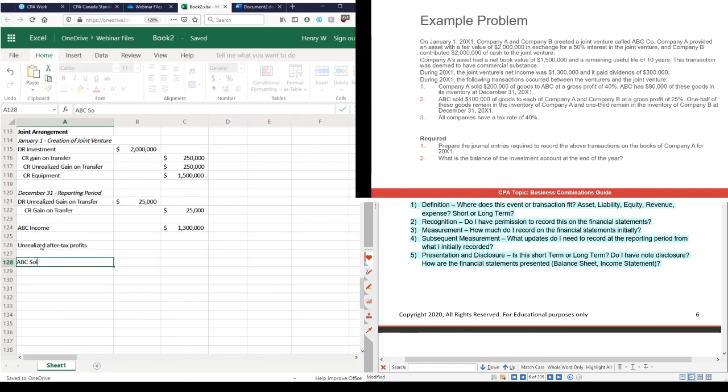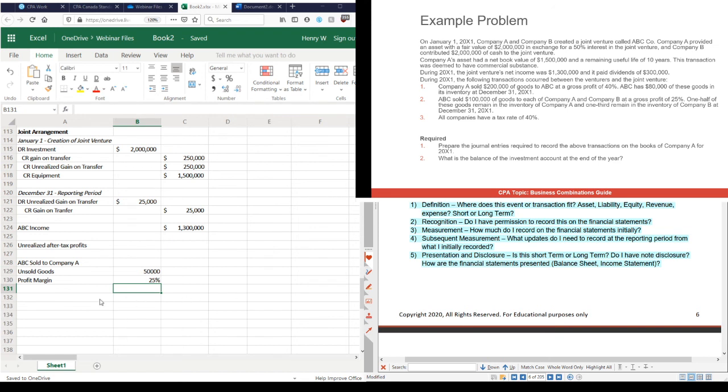ABC sold to Company A. So ABC sold 100,000 of goods to Company A and B. So unsold is 50,000. Profit margin 25%.